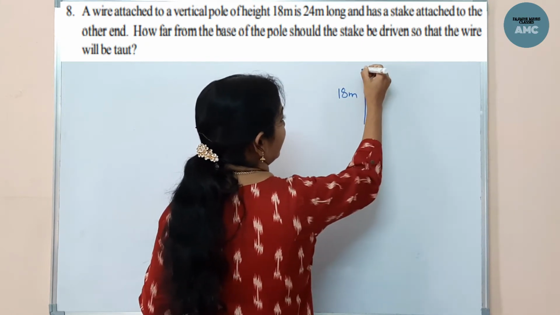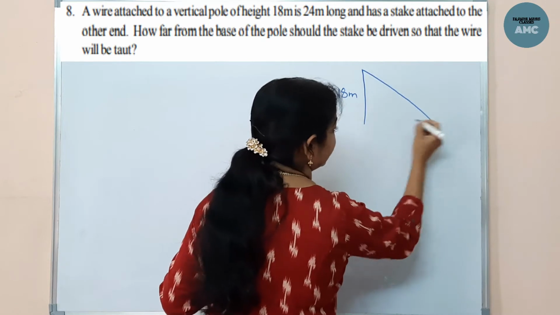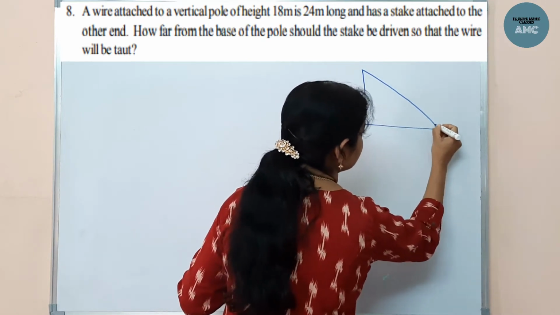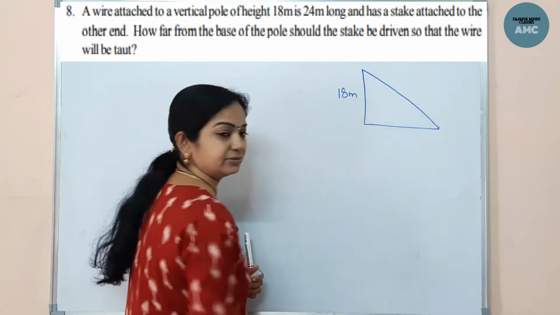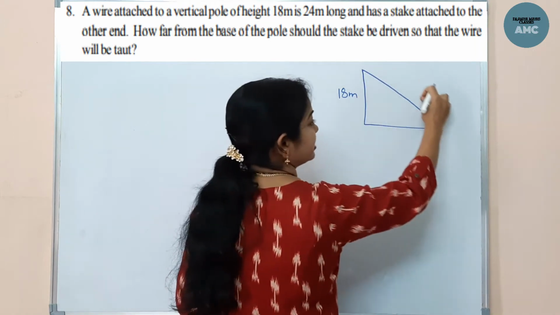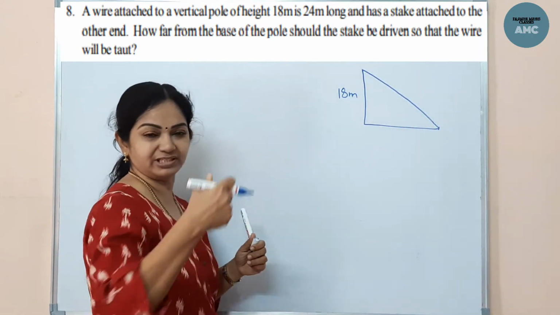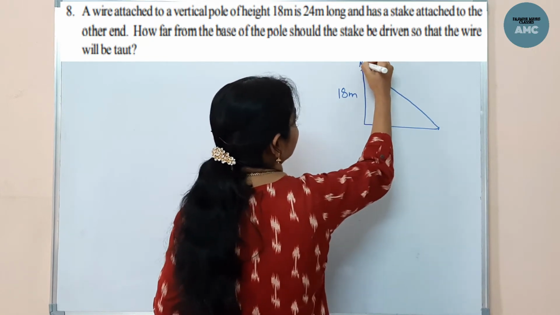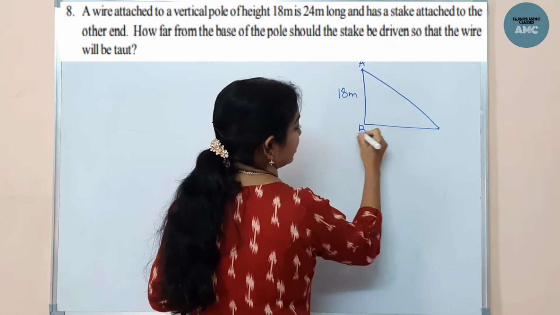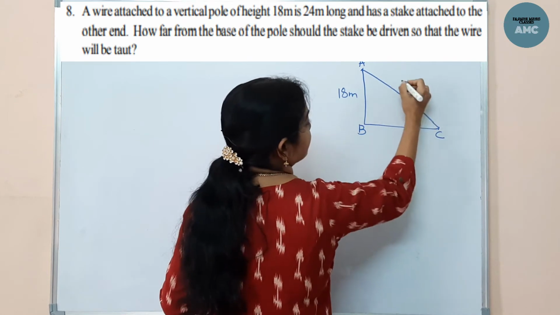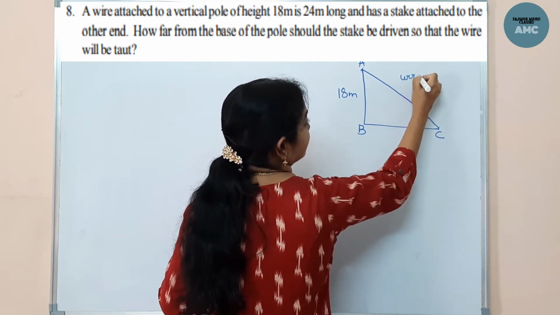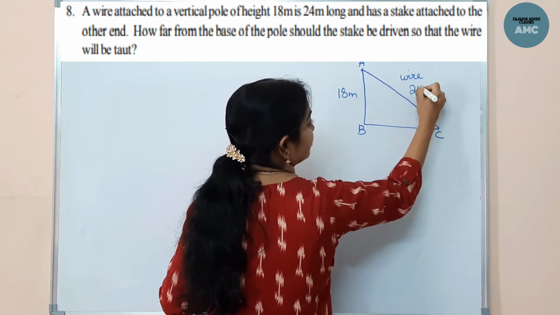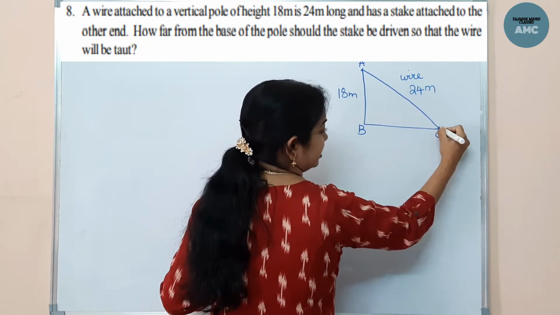Now a wire is taken and a stake is there at this part, and the wire needs to be taut, meaning very tight. So this is a vertical pole. Let me suppose this as AB and this is C. AC is the wire, which is given as 24 meters. Here the stake is there.